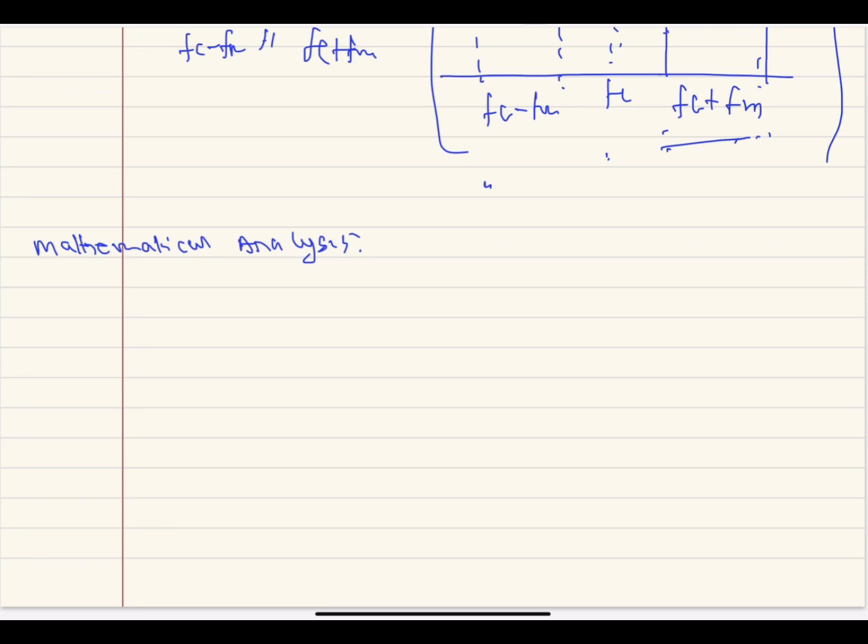Now, for this type of modulation, as I said, it's made up of two sidebands, either the lower or the upper sideband. In doing modulation, we need two signals: the message m of t equal to AM cos omega m t, and my carrier signal, AC cos omega c t.